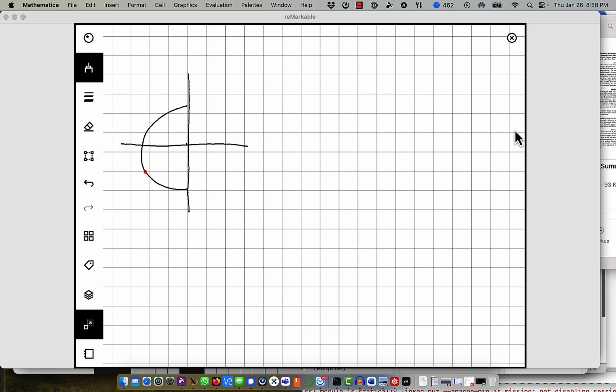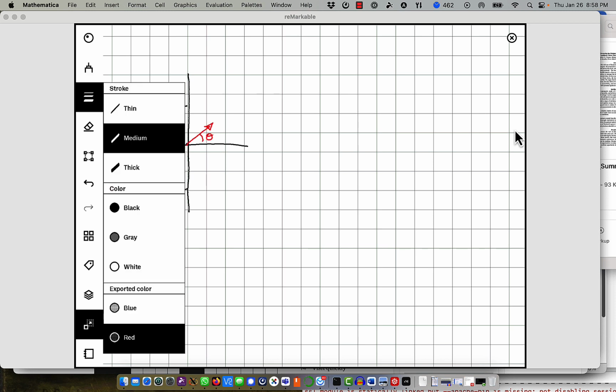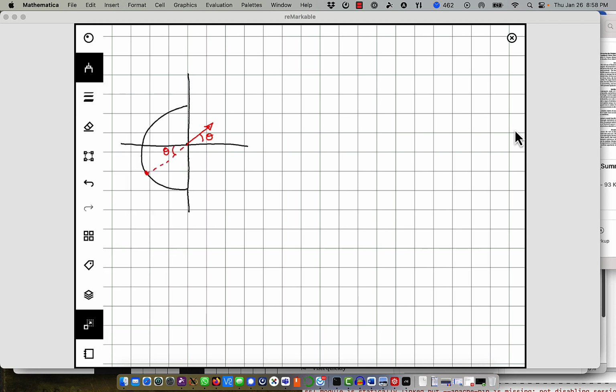So there's our little dq. There's the dE that it produces, and we're going to call that angle theta. It's the same angle as there. So let's go back to black. And we can label our dE vector and our dQ. The dQ's there, the dE vector's there. And now I want to calculate some charge.